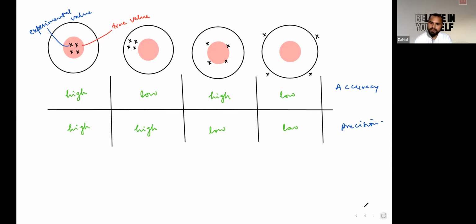this is all about accuracy and precision. Next, you have to define what you mean by significant figure and rounding off. Suppose there is a rod and you have to measure this rod using a ruler.